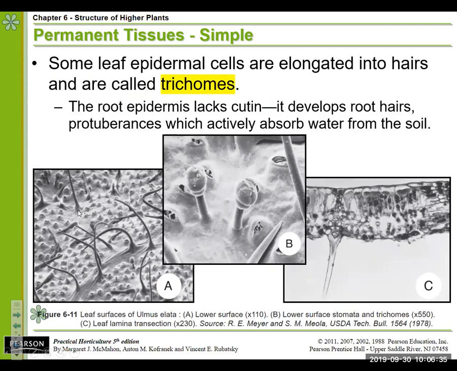That's often for protection of the plant, but it could also be to attract a pollinator, for instance. So here are just some of these structures magnified. You can see the hairs themselves, and the trichomes, these bulbous structures.